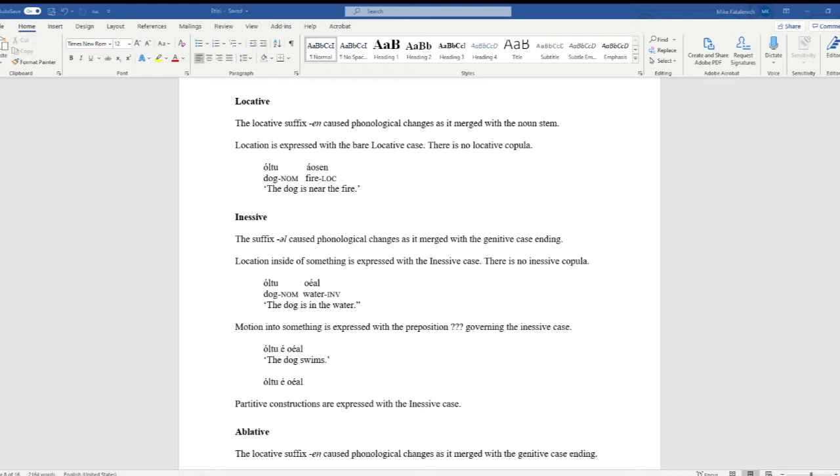Okay, so he moves. So the dog is moving to the site of the water. I don't know if I like that.